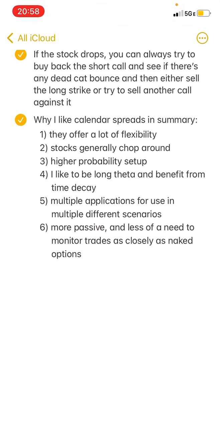Number five, multiple applications for use in multiple different scenarios, like I went over above. And it's more passive to me than owning a naked long option, right? To me, you have to monitor the trade a little bit less than a long option. Now, obviously, in some of those examples above, it can get kind of complicated if you're rolling strikes and stuff like that.